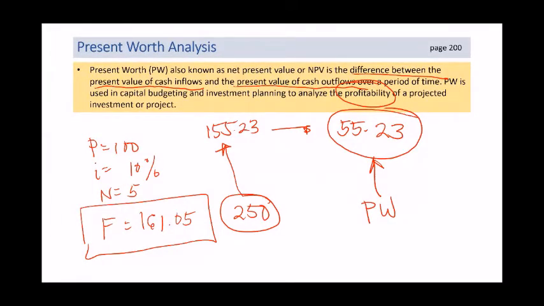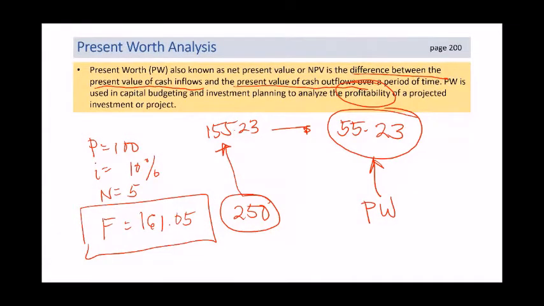And the P of 250 is 155.23. It is just like a profit at the beginning, right? The worth of your investment is 55.23 more. Remember, you are only investing 100. That is almost half of your investment.